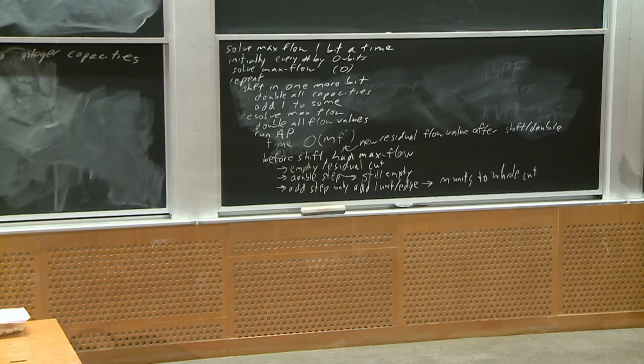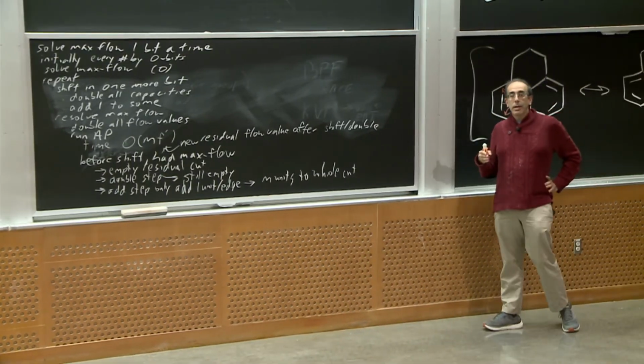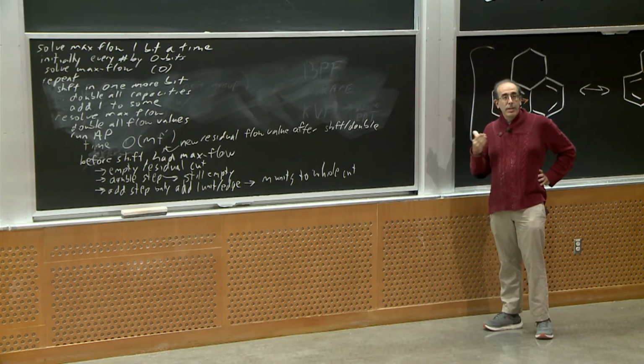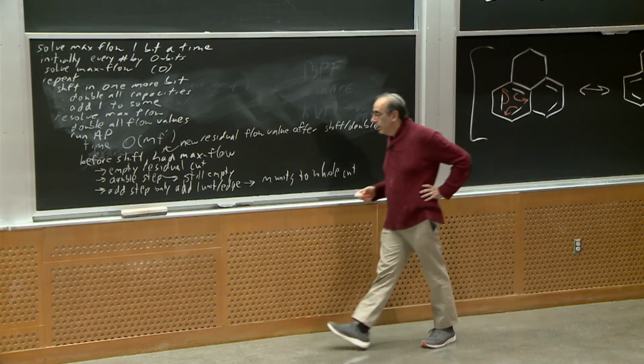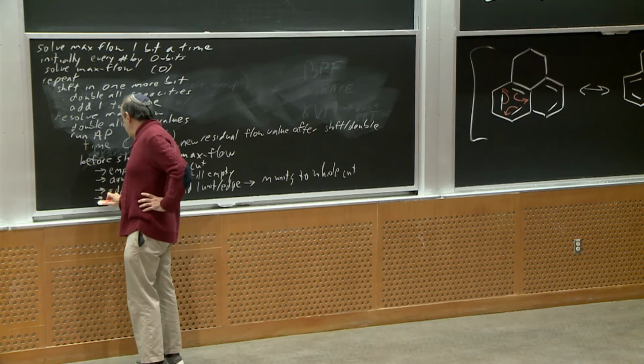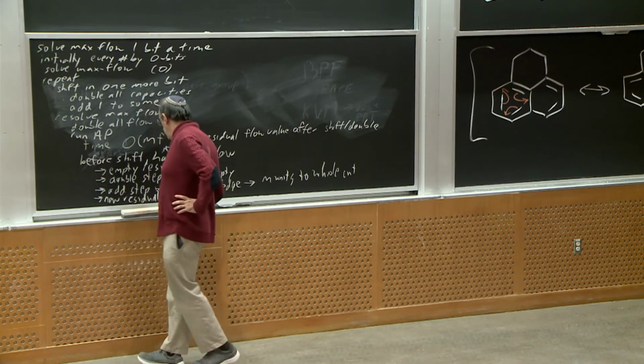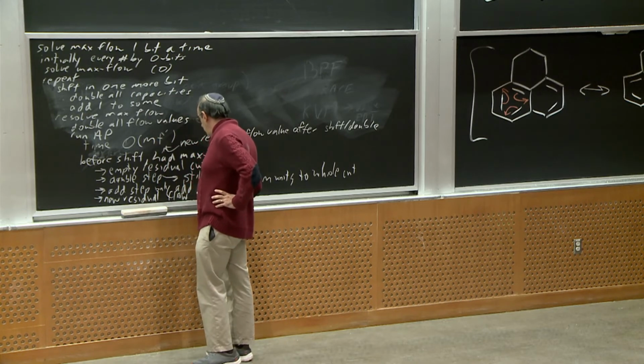In other words, the double and add step creates a cut of value at most m. And if there is a cut of value at most m, that implies that the new residual flow is at most m.